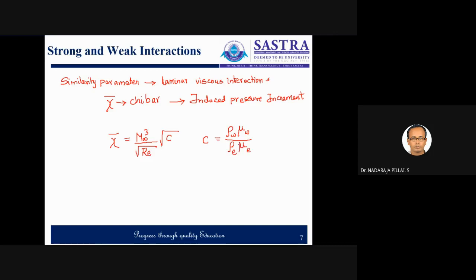You know what E and W are: E is at the edge of the boundary layer and W is the wall.